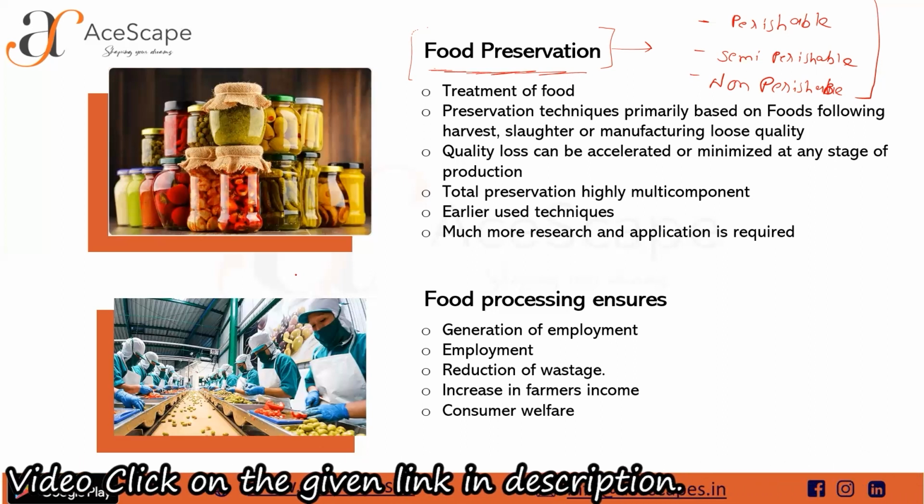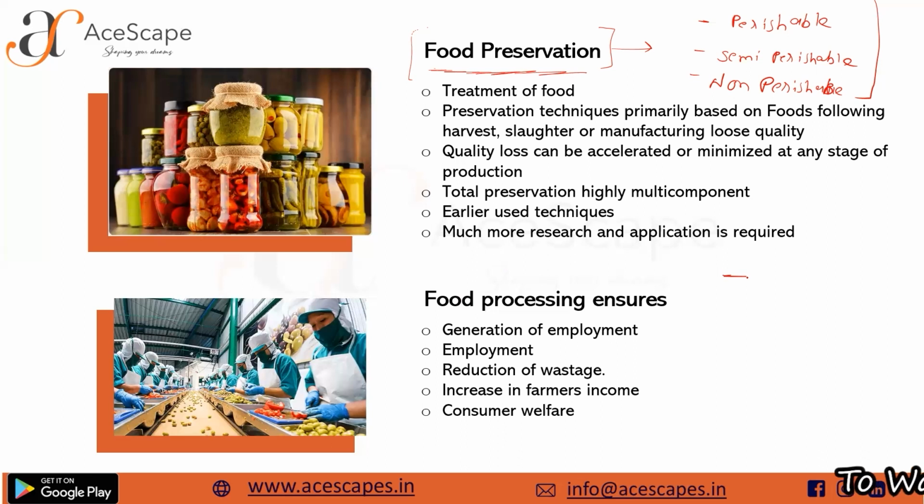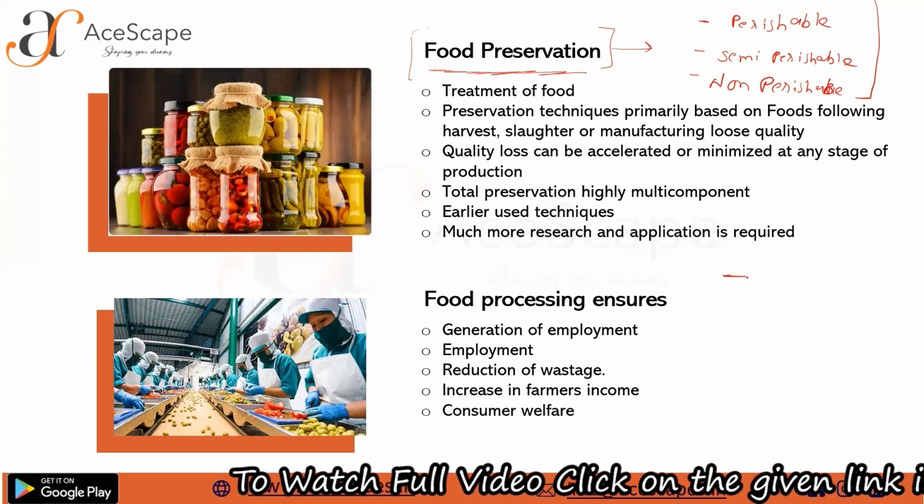You used to see in the news that raw tomato gets spoiled, or the price of tomato reduces, and farmers are not getting a proper price for tomato. Why? Because there is a gap in the supply chain, right? There are industries which process tomato into tomato puree, ketchup, and juice, but it is limited.